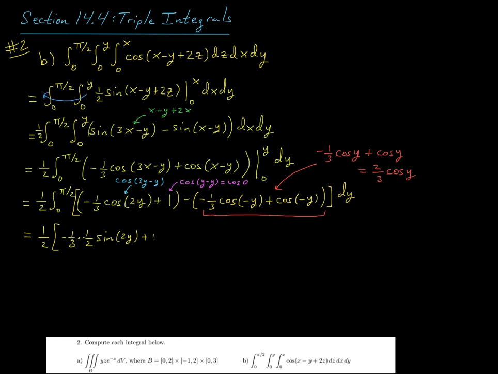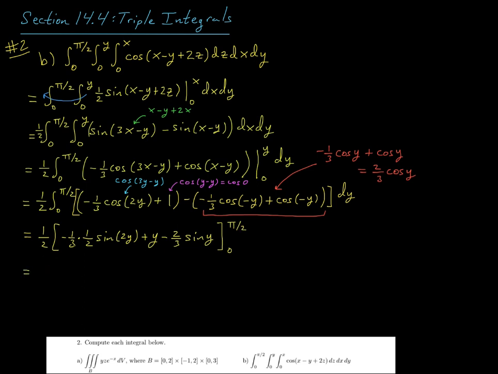Then we get plus y. And then here I'm subtracting the integral of 2/3 cos y, so I'm going to just get minus 2/3 sine y. All right. And then we're going to evaluate that from 0 to pi over 2.